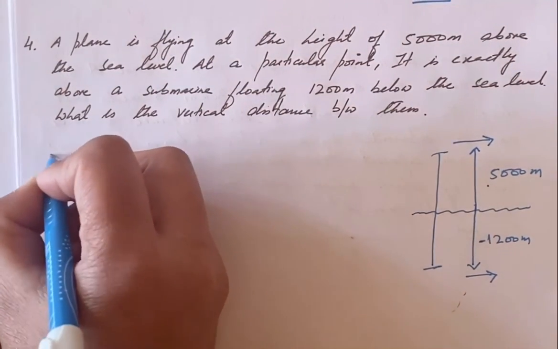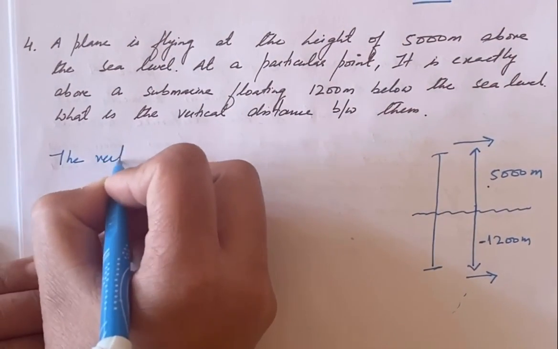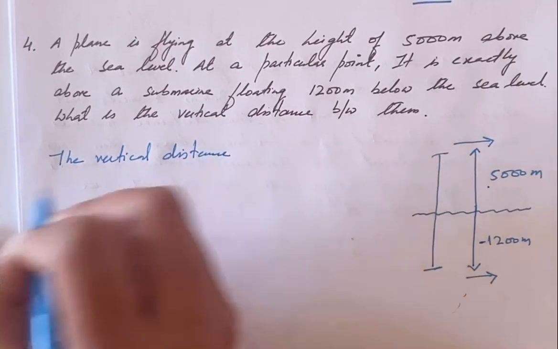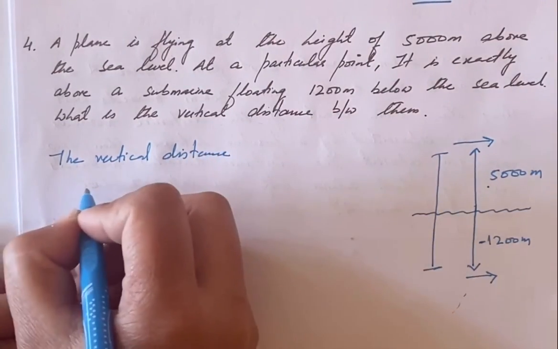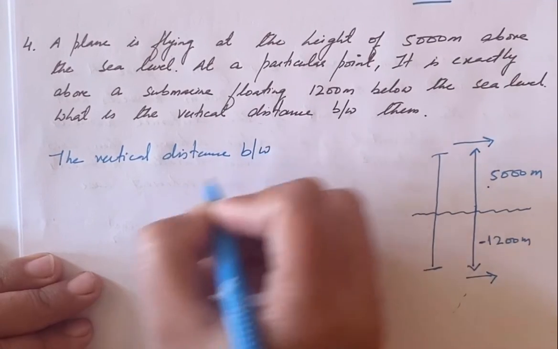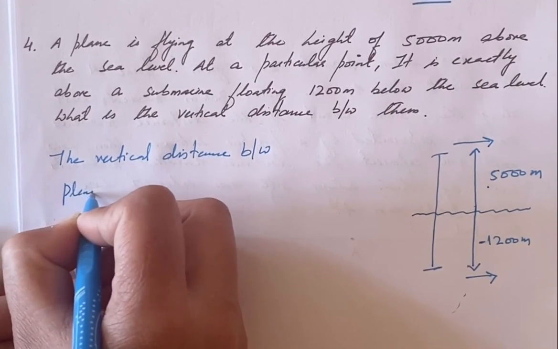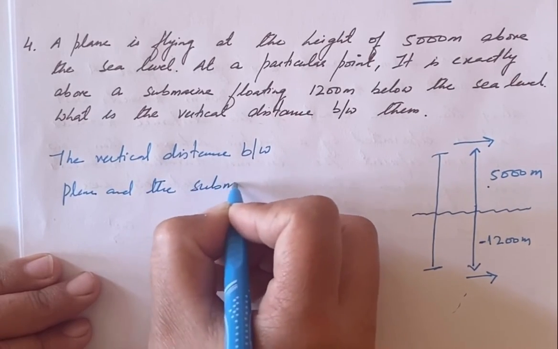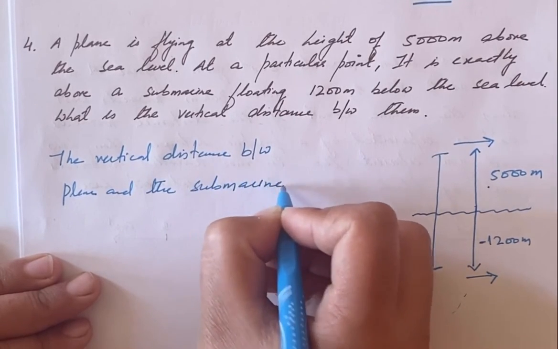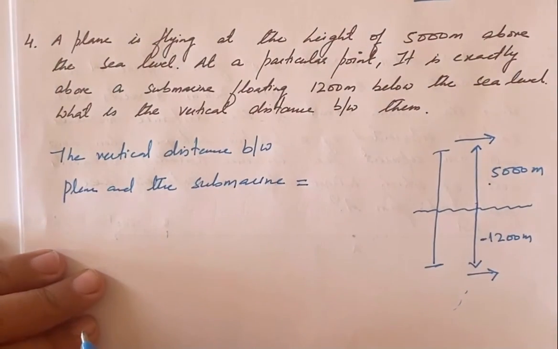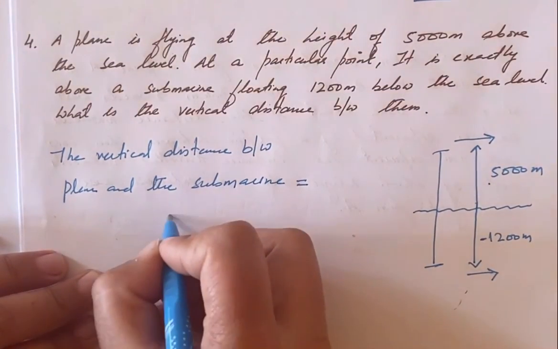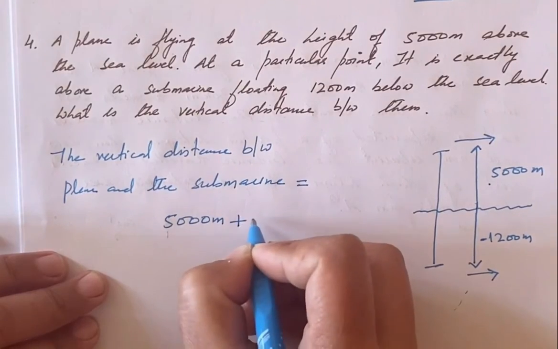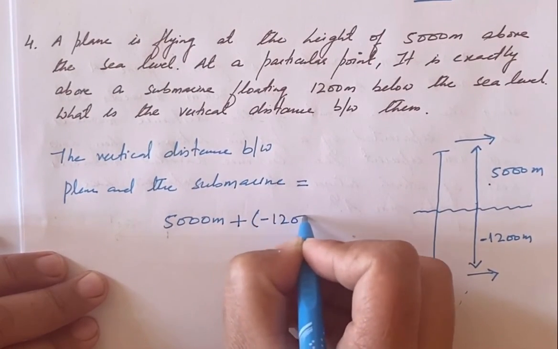So the vertical distance between the plane and the submarine equals 5,000 meters plus minus 1,200 meters.